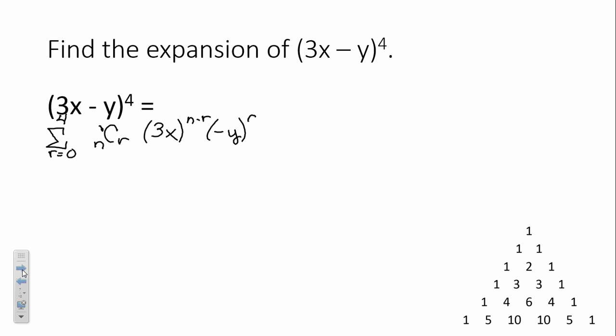So nCr, we have when r is 0, 4c0, 3x to the 4 minus 0, negative y to the 0 for our first term.